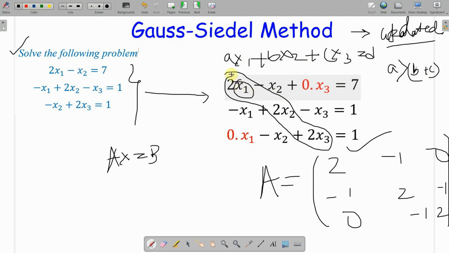You have to look at which coefficient is the largest, the most dominant one, and arrange in this way. So this requires practice. You have to practice a lot, then you get the idea.